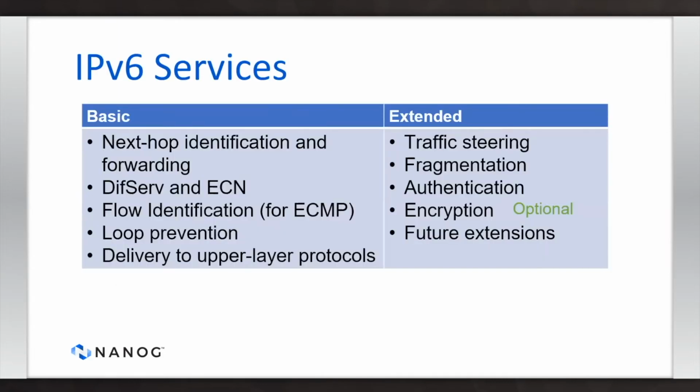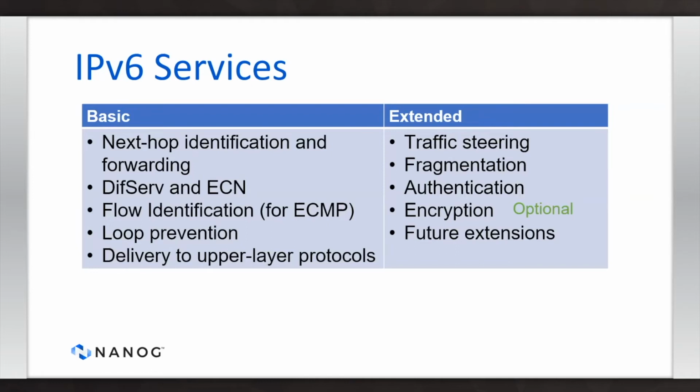Well, a protocol, like any other protocol, provides services. And in IPv6, we can talk about basic services and extended services. The basic ones are next hop identification and forwarding. Get a packet, look at it, decide where to send it. Diff serve and echo. Once you've found the interface you want to send it on, what queue do you want to put it in?